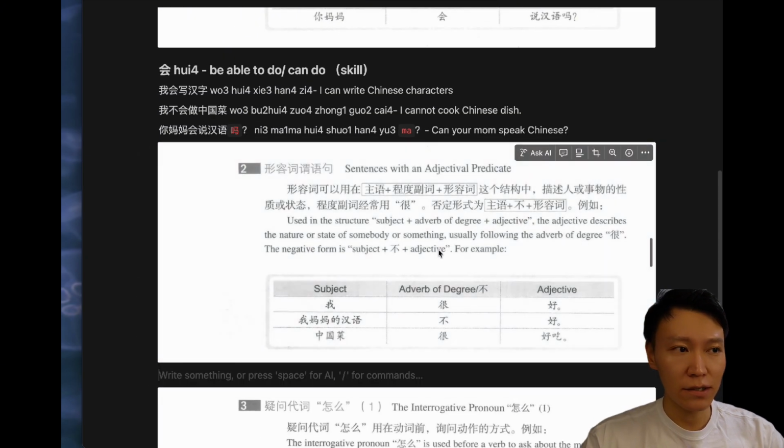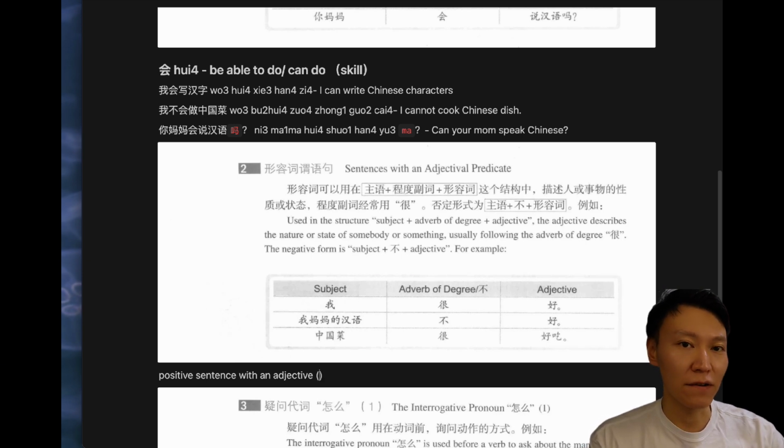The second point is when we have an adjective in a sentence. So usually if this is a positive sentence with an adjective, but this adjective doesn't mean an adjective in front of a noun.